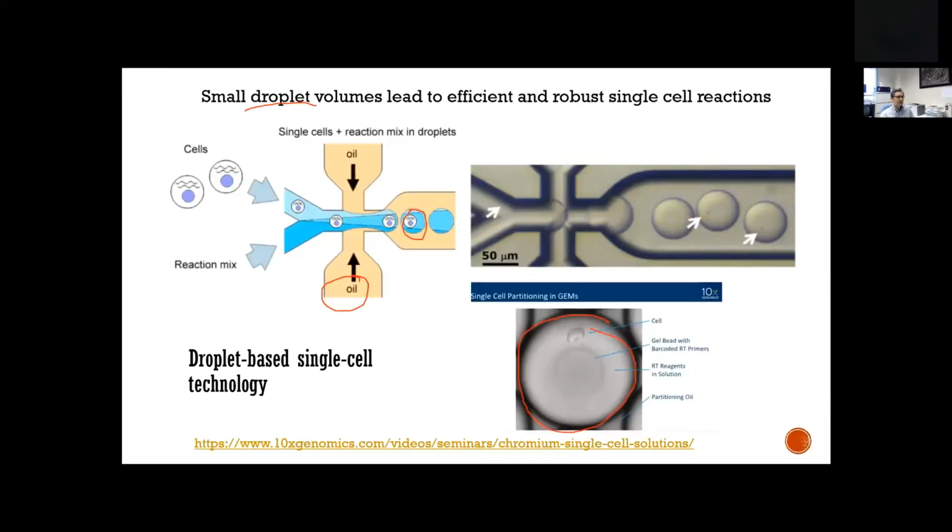The cell is here. So you have some idea of the size compared to the droplet, and also in the center, this is called the gel bead.